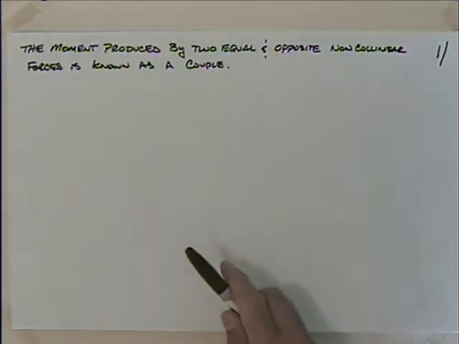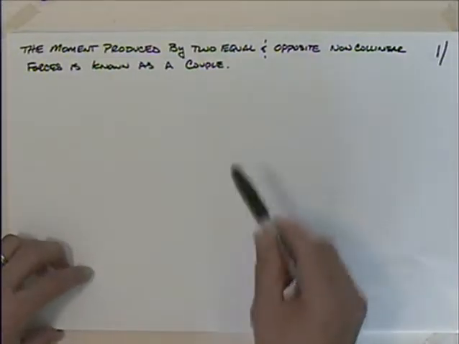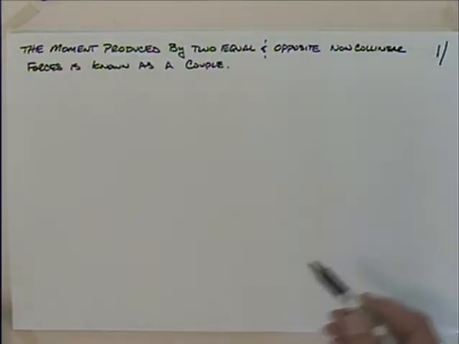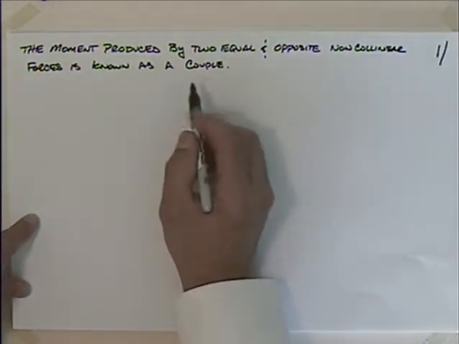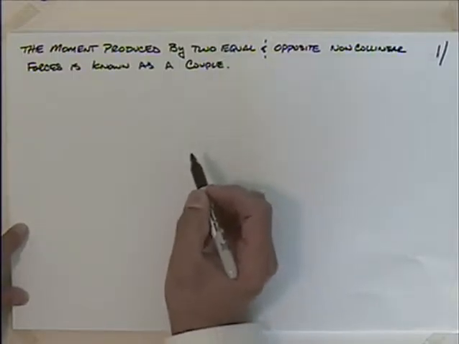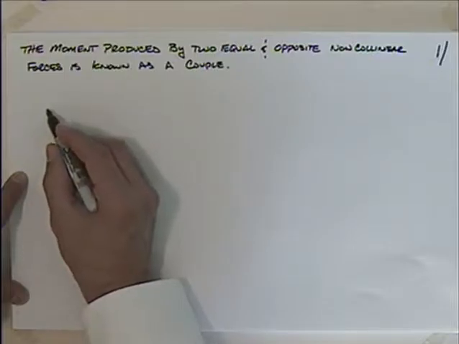What I've written is that the moment produced by 2 equal and opposite non-collinear forces is known as a couple. Sometimes they'll call that a couple moment. Sometimes people will use the term couple interchangeably with moment. I will try and avoid that. But let's see what's meant here.